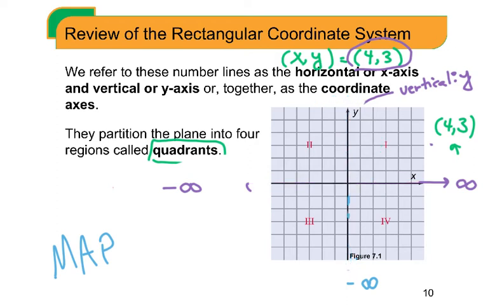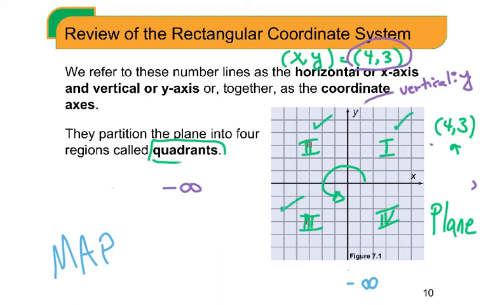So we have our two copies of the real line, X and Y, and that divides this plane, a plane, not an airplane, a plane like a flat surface, into 1, 2, 3, 4 quadrants. Notice that we go in a counterclockwise order to talk about them. This is quadrant 1, quadrant 2, quadrant 3, quadrant 4, and we use Roman numerals.